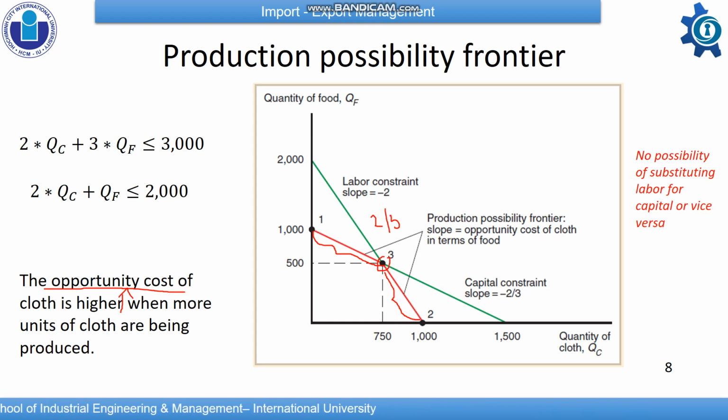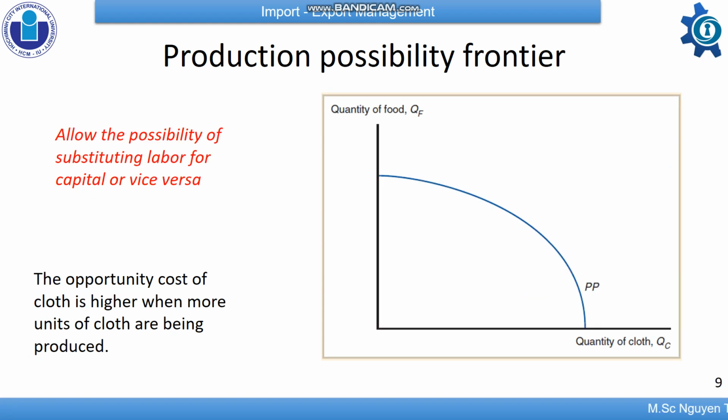If you have any question here, just feel free to ask me. To make it closer to reality, we allow the possibility of substituting labor for capital. What it means is that we can choose either to use more labor or to use more capital.